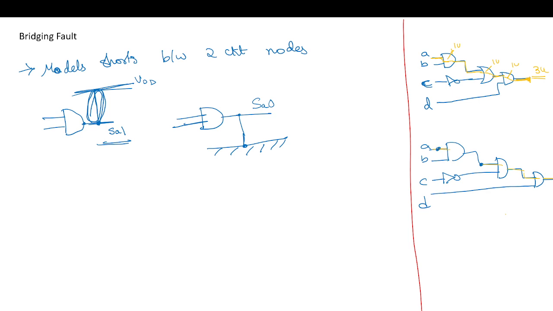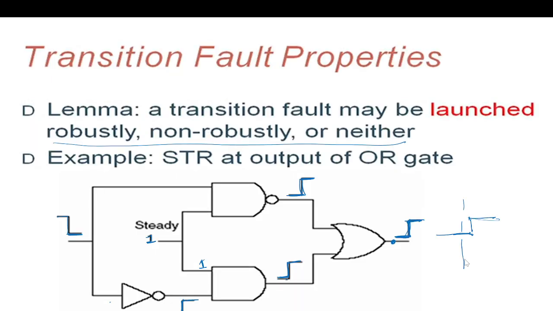Now if this node is having, say, a slow to rise transition of 2 nanoseconds, now when we propagate, this output is affected because of this 2 nanosecond delay, because of this gate, this node delay. Here it's given that the output of an OR gate has slow to rise delay.